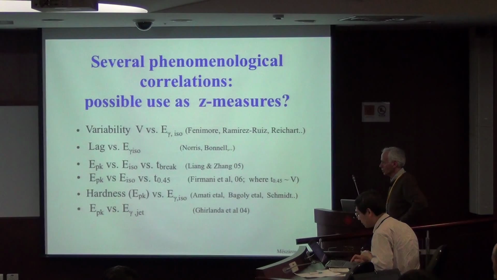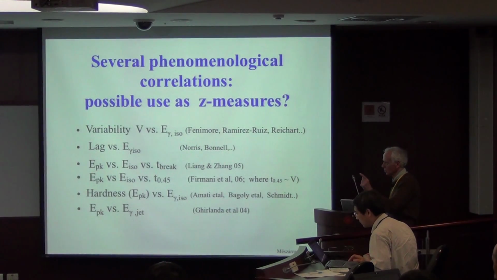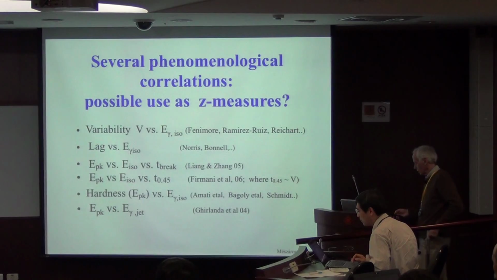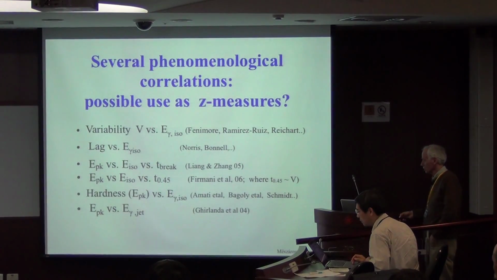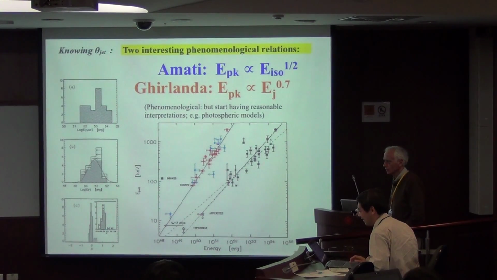And then there were more complicated correlations between three variables: E_p, E_iso, and T_break, or E_p, E_iso, and T_0.45, which is a duration measure, which is also correlated to the variability. The best established ones are these. So anyway, this is what the correlations look like, if you remember.